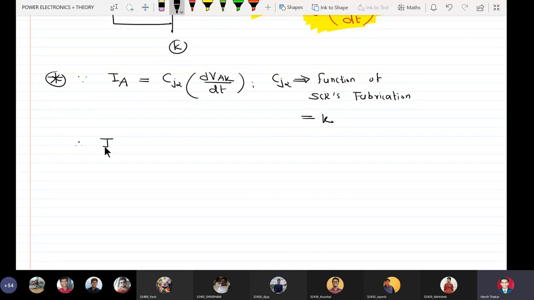So therefore we can say the current IA is simply proportional to the rate of change of anode to cathode voltage.